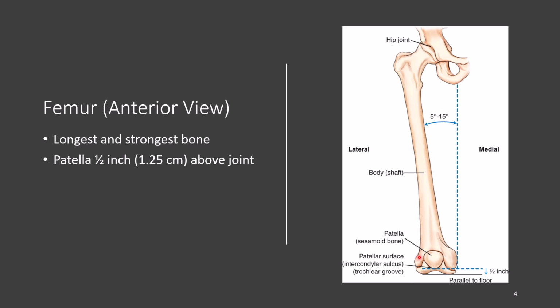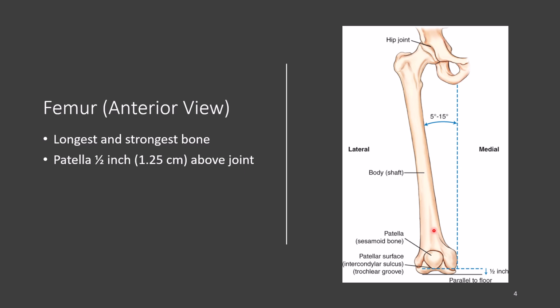In 6.19, which is this, if you were standing erect in anatomic position and the distal femoral condyles were parallel to the floor like this, the femoral shaft would be at a 5 to 15 degree angle from vertical. On an average adult, it's about 10 degrees.